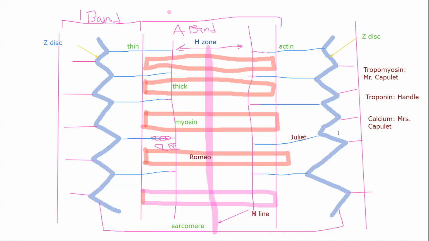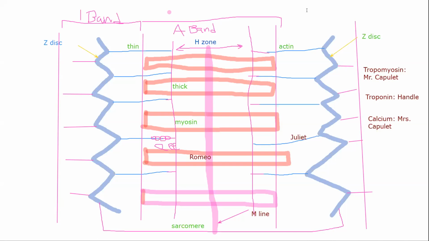Maybe it's a belt loop or something on Mr. Capulet, and then she's going to pull him out of the way so that Juliet and Romeo can actually be together. And then when it's time for them to be apart, Mrs. Capulet will go back into the house, and the handle will be released, and the tropomyosin will be moved back into place, and they will not be able to bind with one another anymore. So they only get to do that when we tell them that they can do that. So that's how that works.